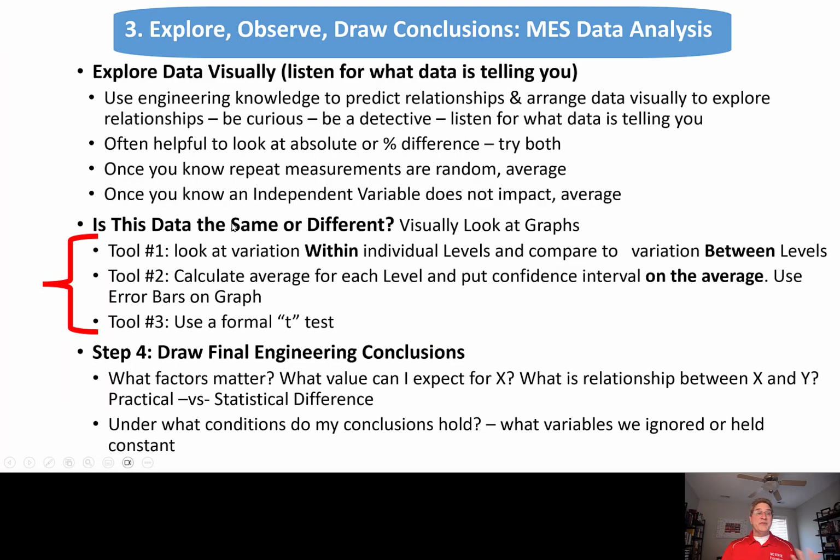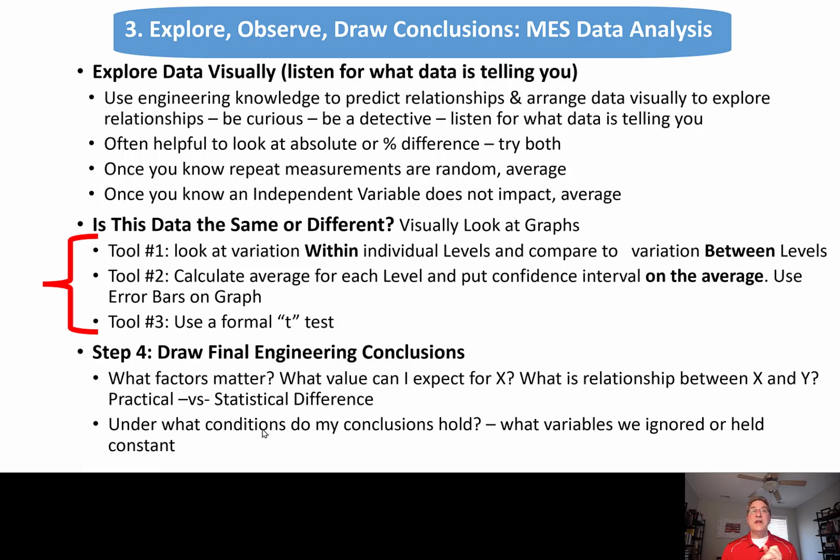But that's how the t-test can give you that definitive information to know. Okay, so that's it. You have the 3 tools that you need to say, is the data same or different? And I just encourage you, keep it in the context of this full analysis. Don't forget when you go to draw your conclusions to look at what conditions hold true.